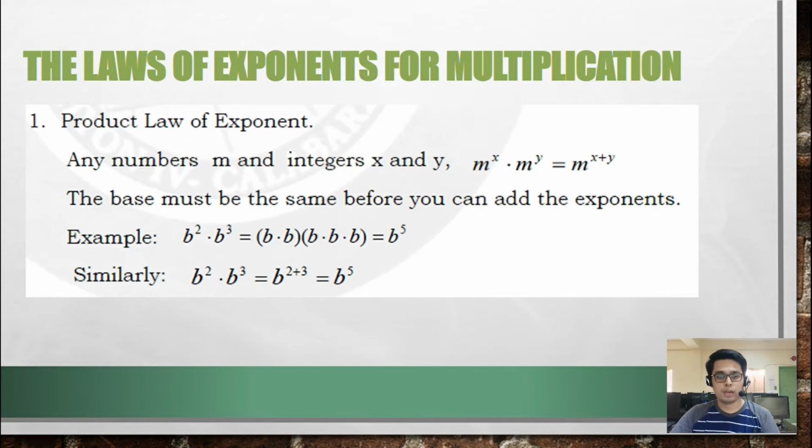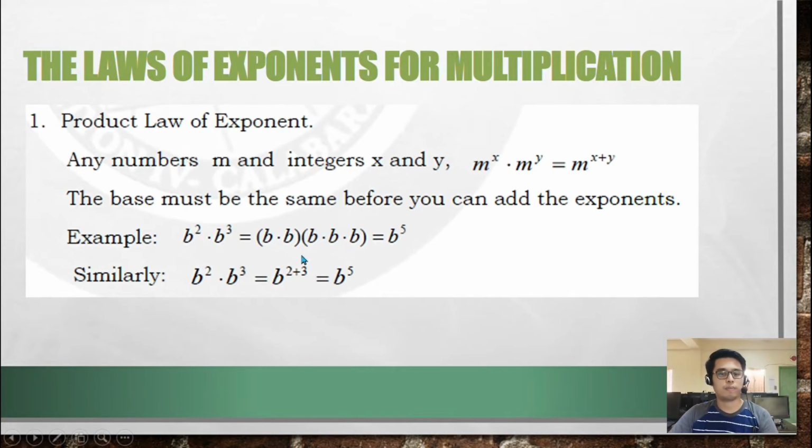Okay? Now, for example, meron tayo ditong illustration. So, b square times b cube. Yan yung given. So, i-multiply mo itong dalawang terms na to. Kapag in-expand natin, tingnan natin yung b square, di ba, dalawa yan. Isa, dalawa. Yan yung expanded form. B cube, isa, dalawa, tatlo.